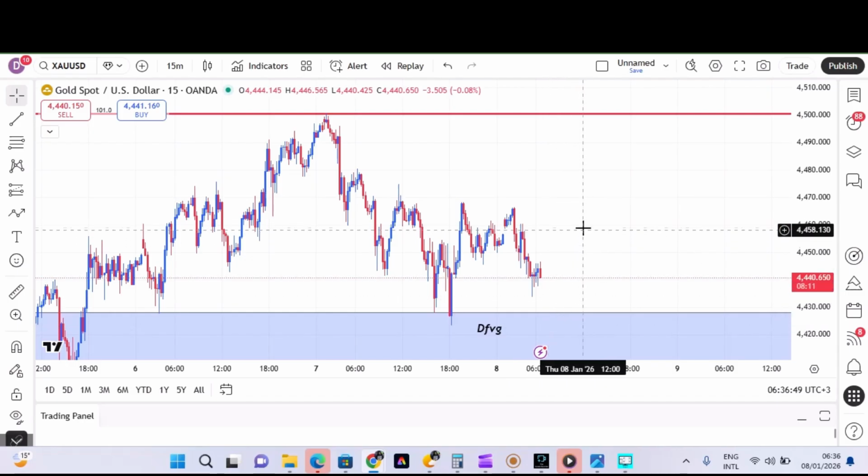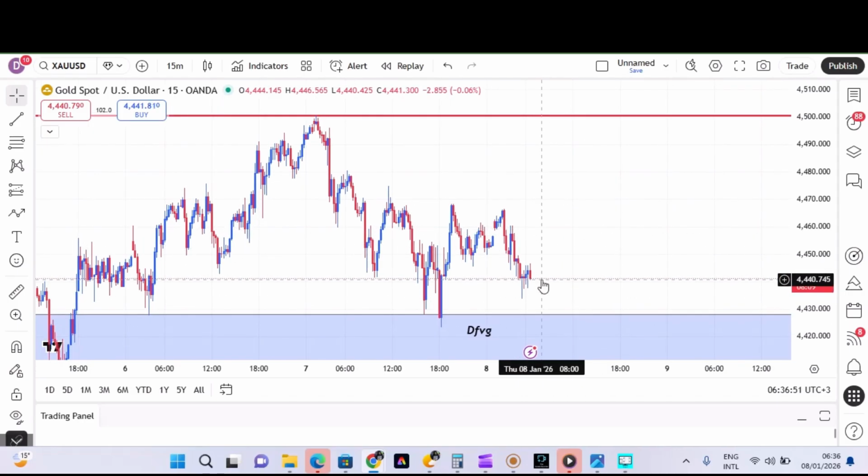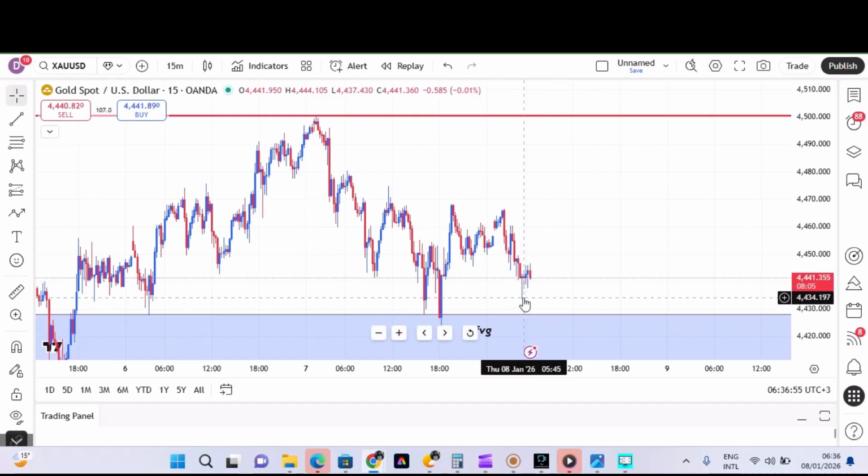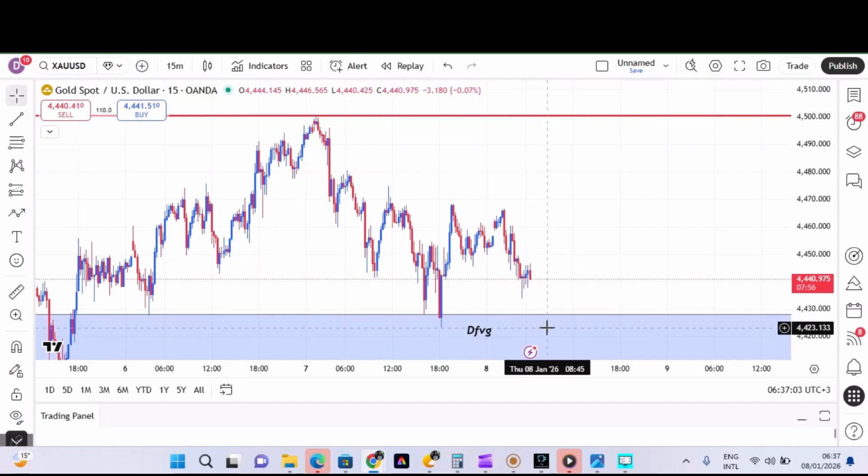So what am I trading today? I want to see gold come, take out this liquidity, come into this fair value gap, then execute some short buys, if the momentum will respect this zone.